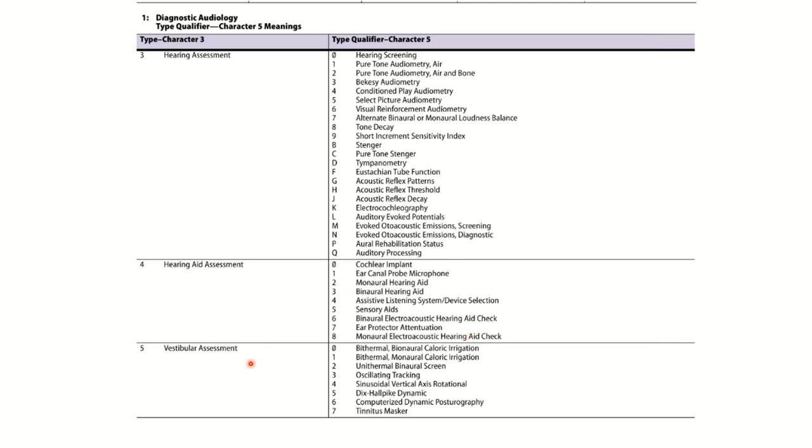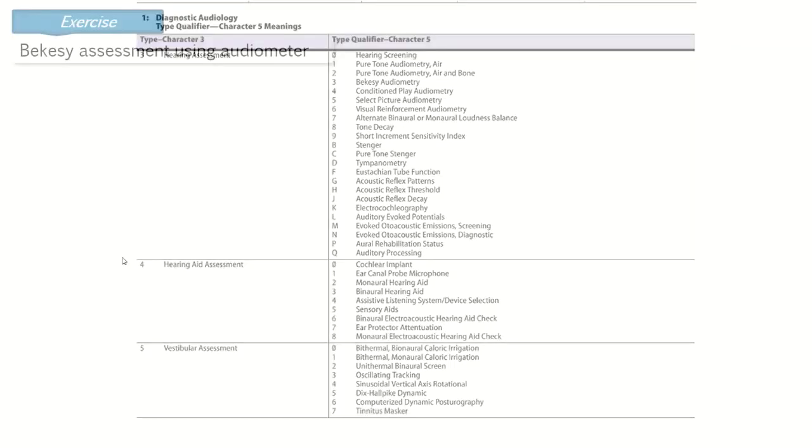And your vestibular assessment, your fifth character qualifier will further specify your vestibular assessment. And coders, now that we've learned all about the key root types for rehabilitation and diagnostic audiology, let's demonstrate our knowledge of section F with these next exercises.